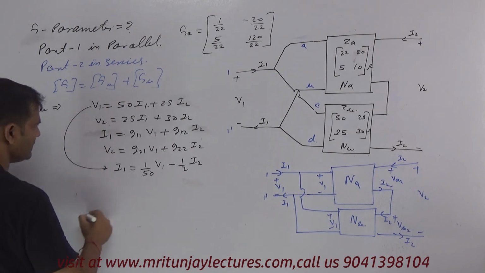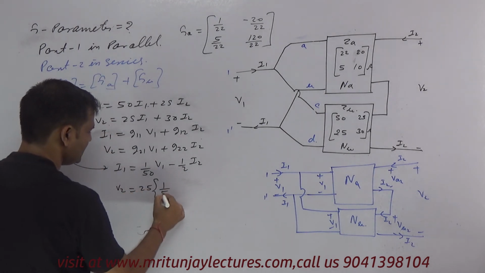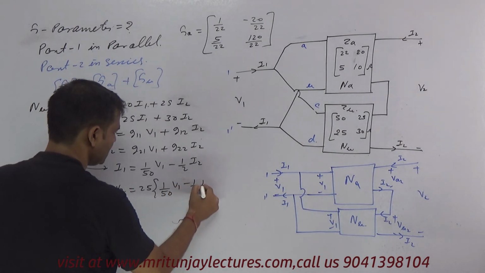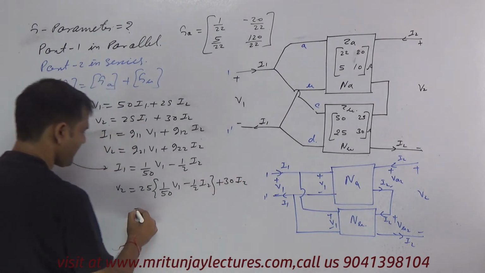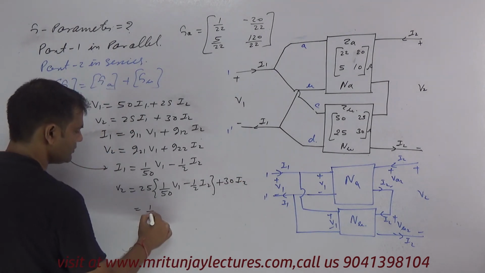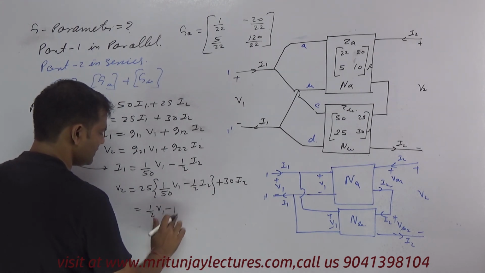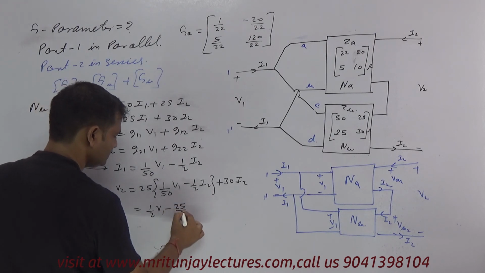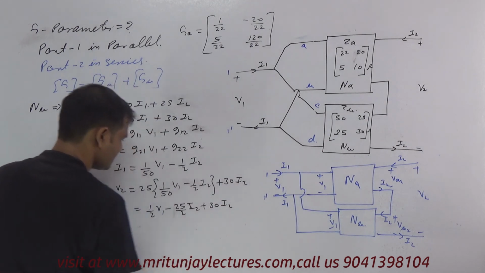So if this value is put in here, then V2 will equal 25 into 1 by 50 V1 minus 1 by 2 I2 plus 30 I2. So 1 by 2 V1 minus 25 by 2, that is 12.5, sorry, 25 by 2 I2 plus 30 I2.